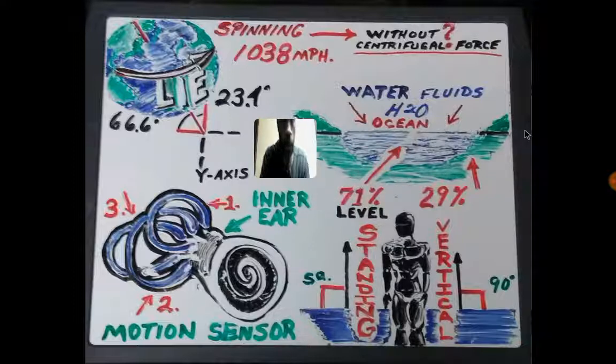Okay? Now, this x-axis, we learned this in geometry. It's an angular line. Okay? X-axis. Perpendicular to that would be the y-axis. It's the one that when you wake up in the morning, you stand upright, vertical.